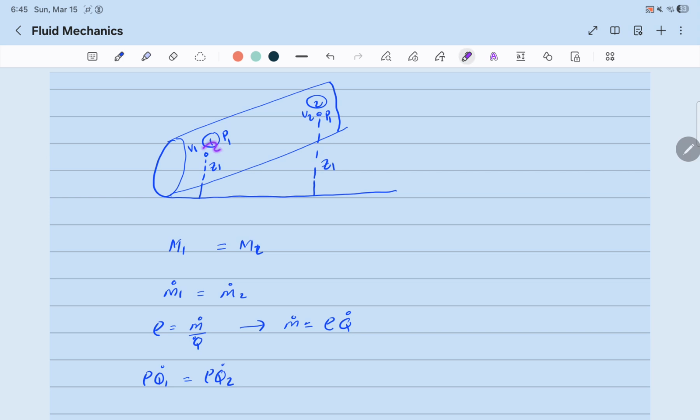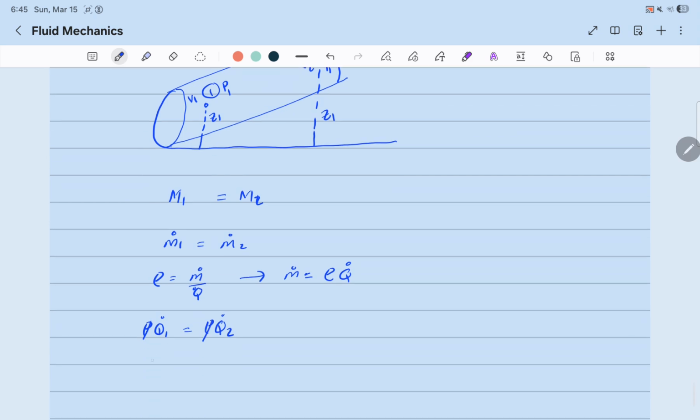And since we're working with an incompressible fluid, meaning that the density does not change, the density can cancel, and the volumetric flow rate at point 1 equals the volumetric flow rate at point 2.